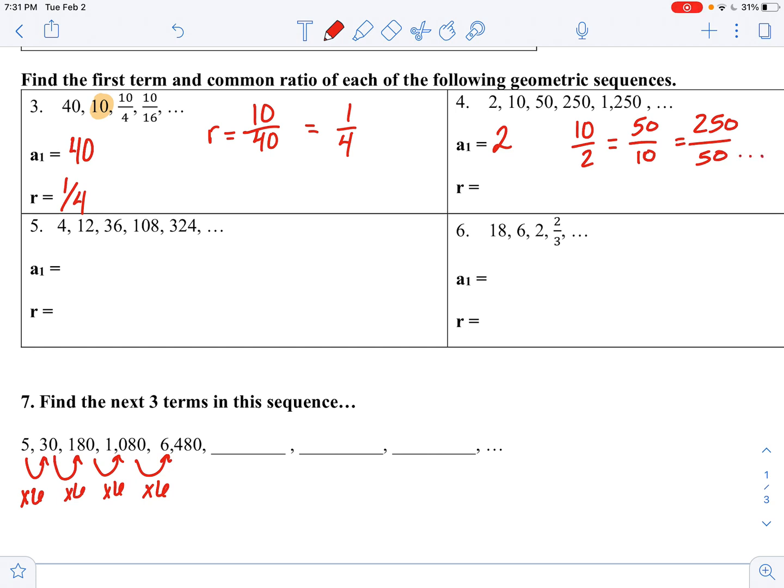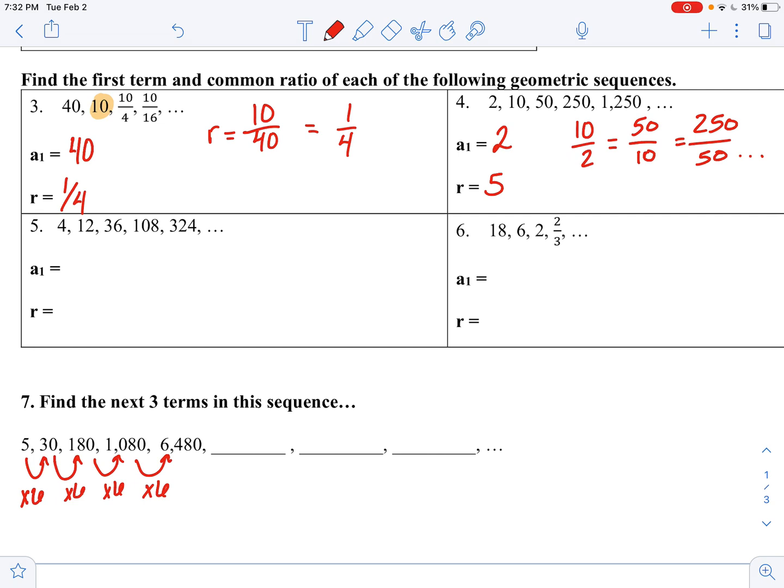As long as I divide by the number that came before it, that's all that matters. So 10 divided by 2 is the same thing as 50 divided by 10, or 250 divided by 50. It looks like I'm multiplying by 5, so my common ratio, the number I multiply by every time, is 5. And we could check that: 2 times 5 is 10, times 5 is 50, and so on.